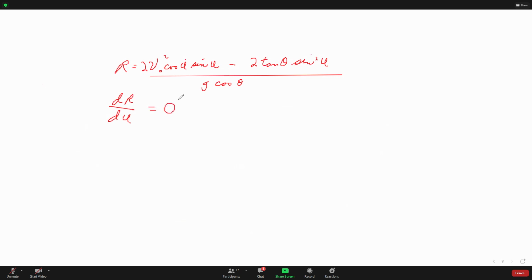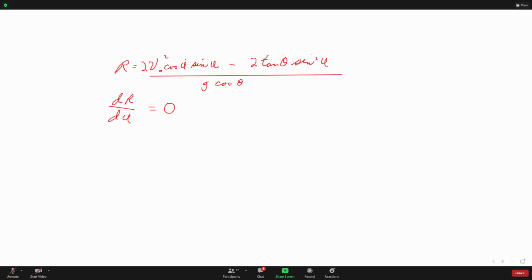Now I'm differentiating with respect to phi, not with respect to theta. So the g cosine theta is just a constant, and it's common to both terms.